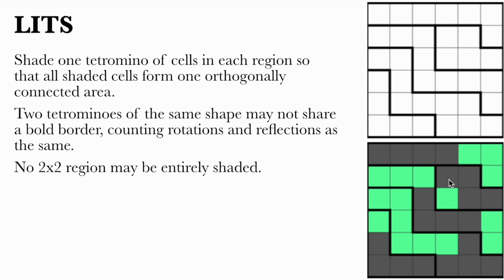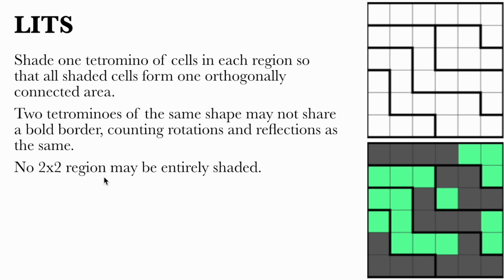So this S here could not connect to another S anywhere in the grid or across one of these borders. We're going to have exactly one tetromino in each bold bordered area, and this L could not be touching another L, even reflected.